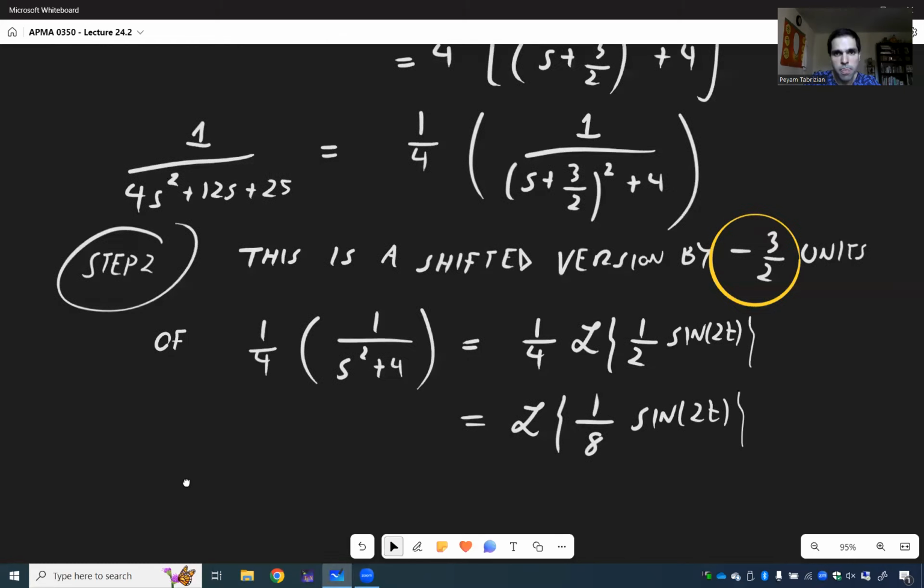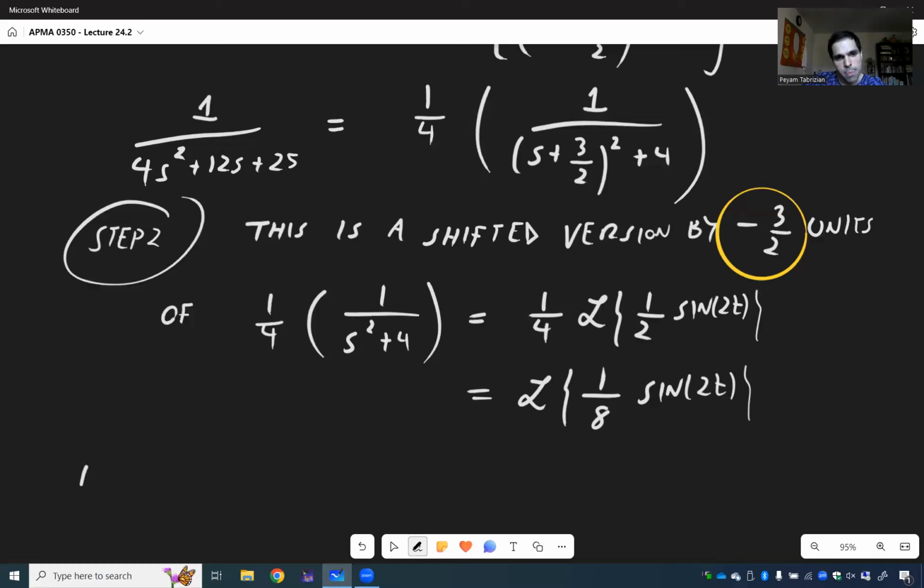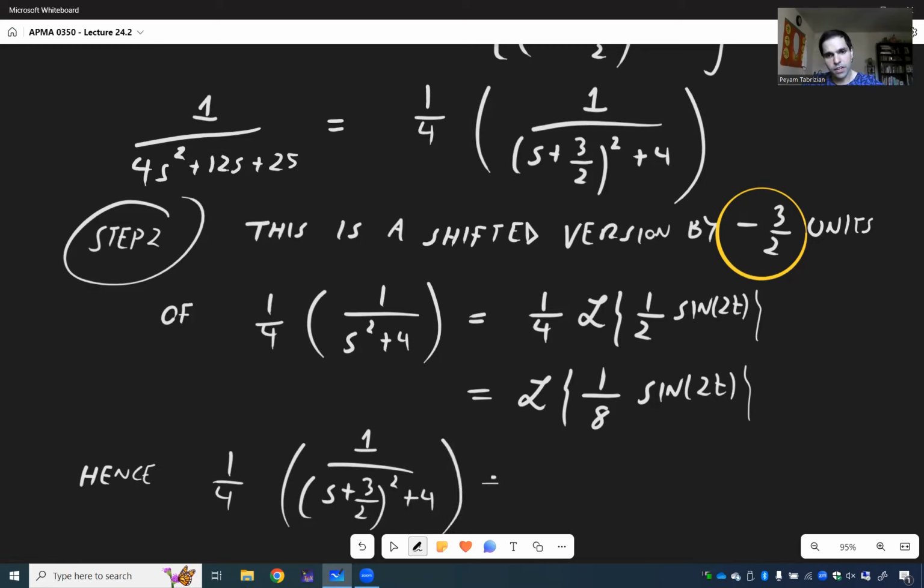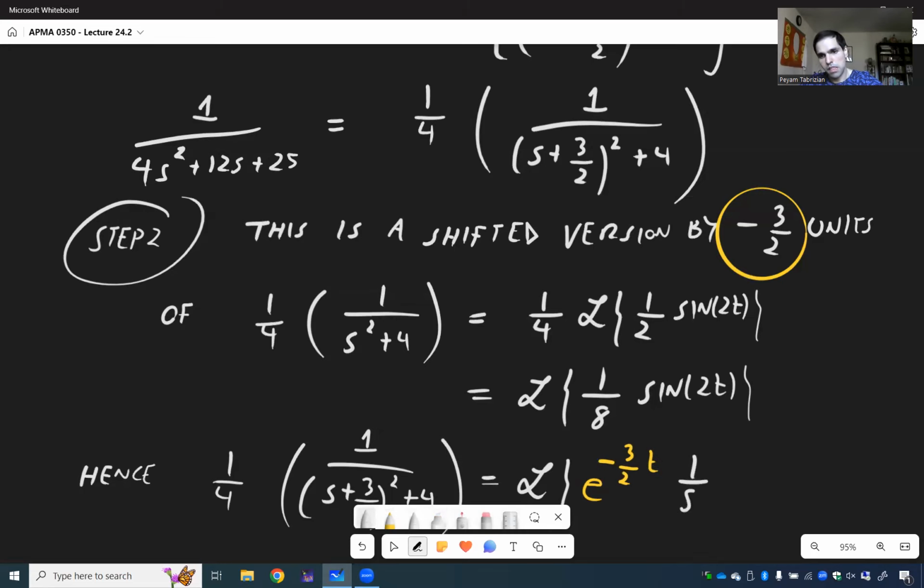So 1/4 and then 1 over s plus 3/2 squared plus 4 becomes the Laplace transform of e to the minus 3/2 t, and then 1/8 sine of 2t. And then we're almost done.